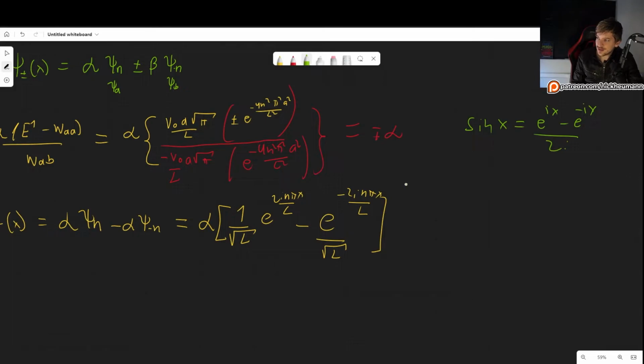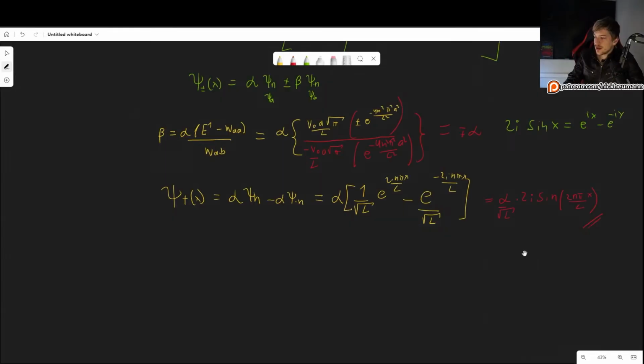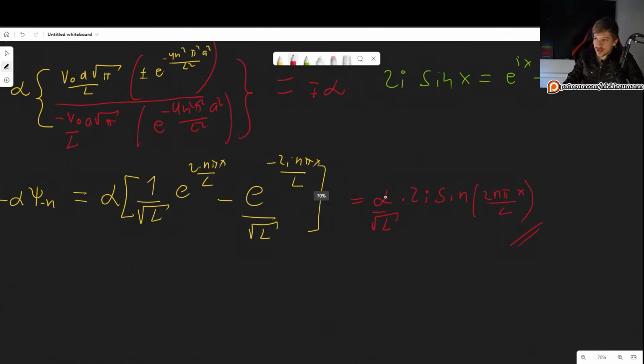So that means that this thing right there is 2i times the sine of what is inside. So we can write this as alpha over square root of L times 2i. And finally, we have here, this is actually without the parentheses, this is sine of 2n pi x over L. There we go. Now the question is, well, what is alpha?